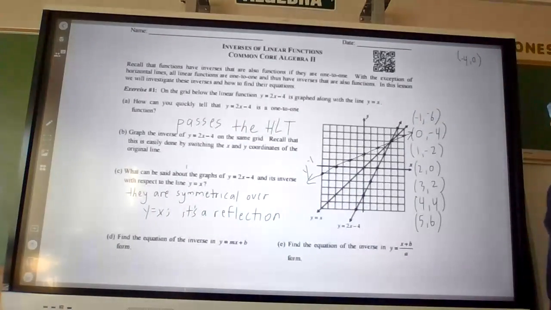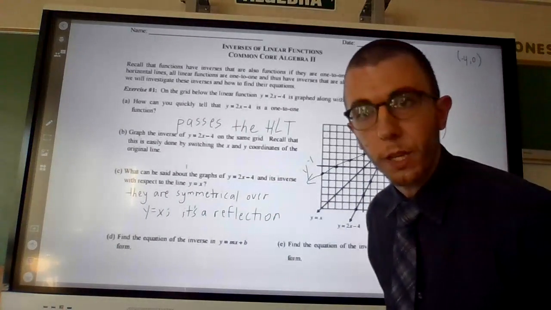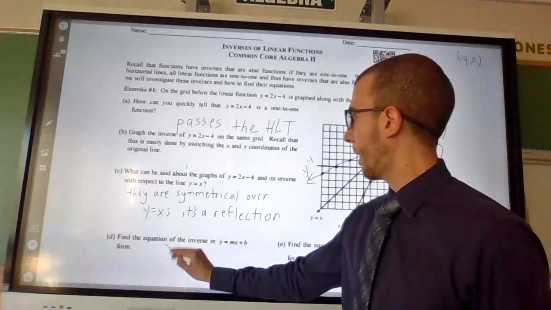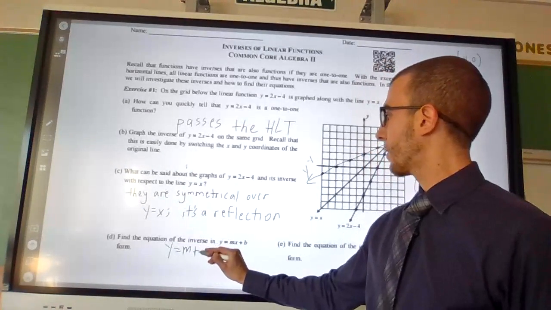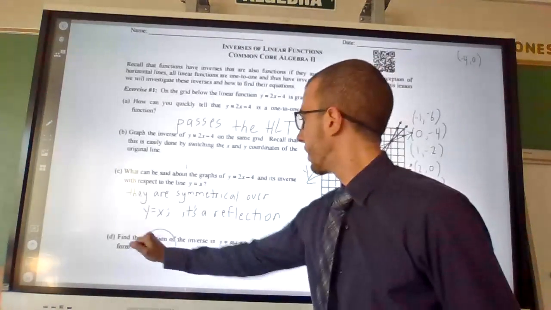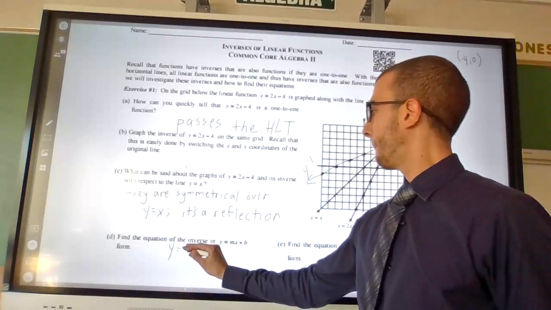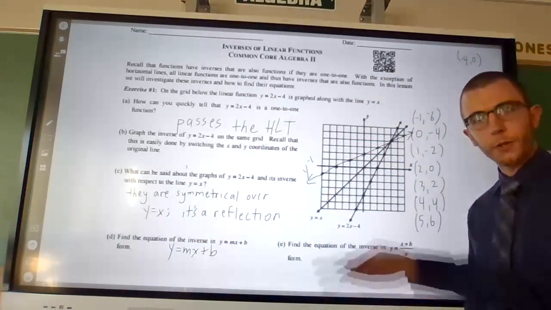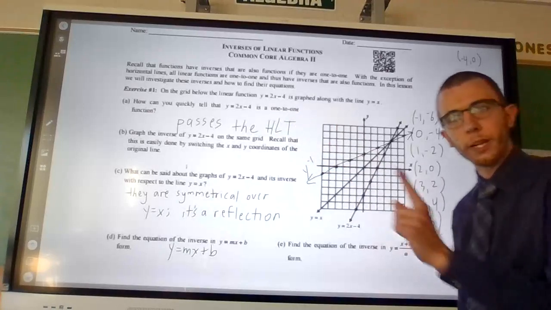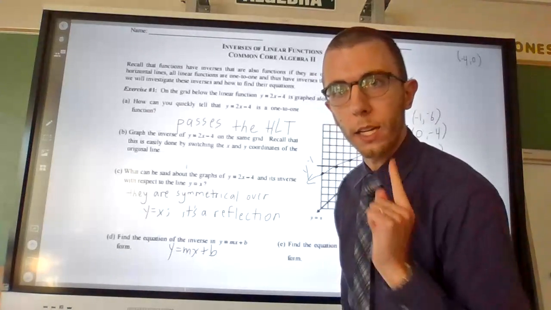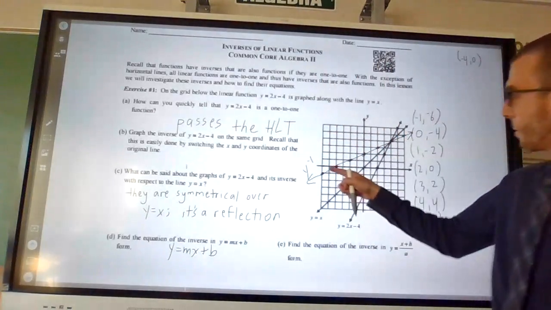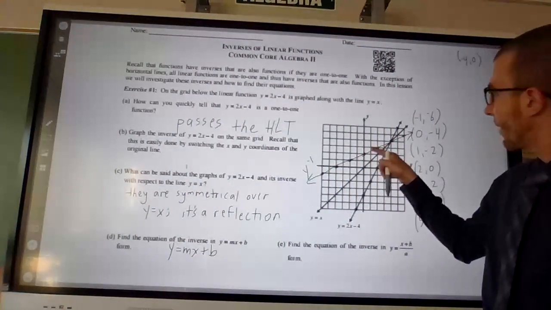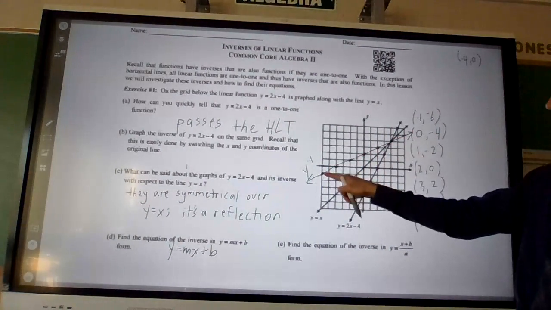Now we have to find the equation of the inverse in y equals mx plus b form. So again, remember, if we're looking to get y equals mx plus b, what two things do we need? We need the slope and the y-intercept. If you guys remember, I used that pattern. I used the slope to finish plotting those points.